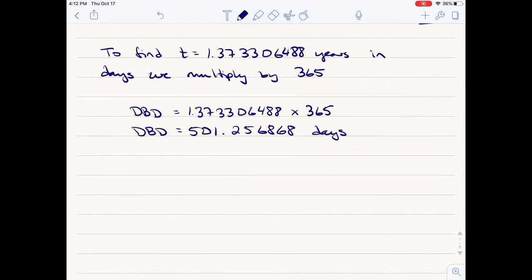Here's the thing though, she can't pay it back at 0.256868 days. So she'd either pay it back at 501 days, but that wouldn't quite cover it all, right? So she'd have to pay it back after 502 days. So that's what we do.